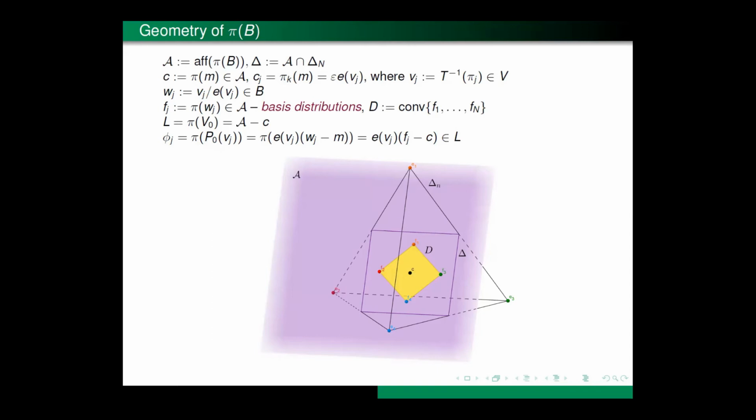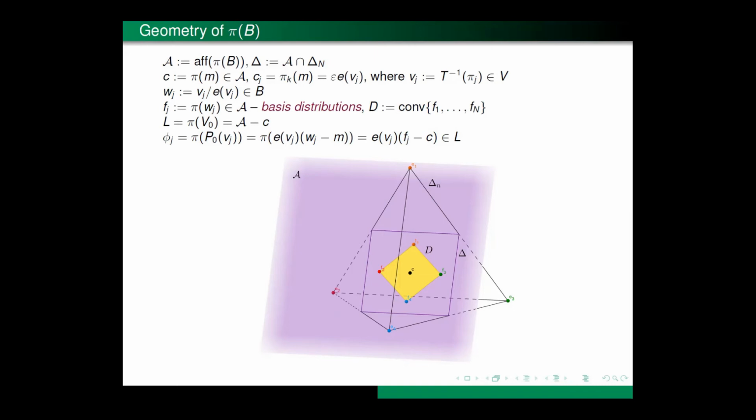And by delta, we denote the intersection of this affine space with the probability simplex. So here in this image, we've got delta. It is the intersection of A with the probability simplex delta 4 in this case.